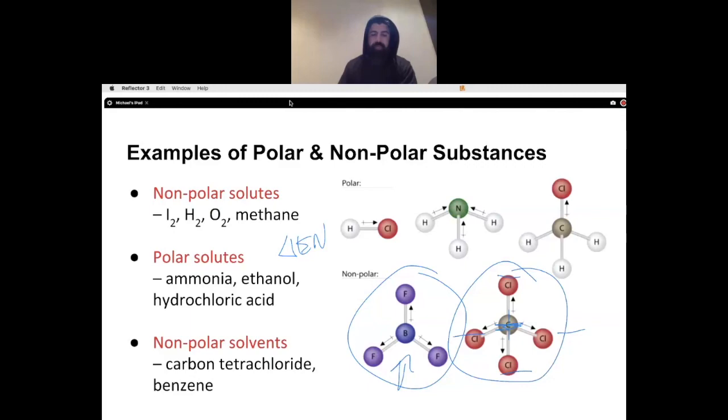Anything that is diatomic, no point checking the change in electronegativity, because the change in electronegativity is the electronegativity of one atom subtracted by the electronegativity of a second atom. If they're the same atoms bonded together, it will be 0. Again, no need to memorize these ones, just draw them and find out what the bond will be, and their change in electronegativity, to identify if something is polar or nonpolar.